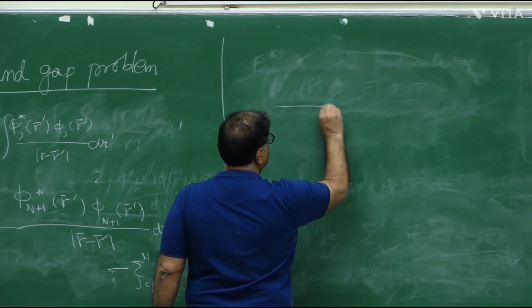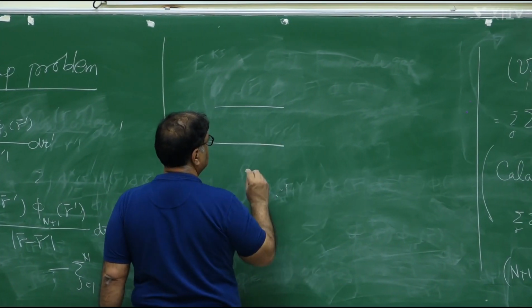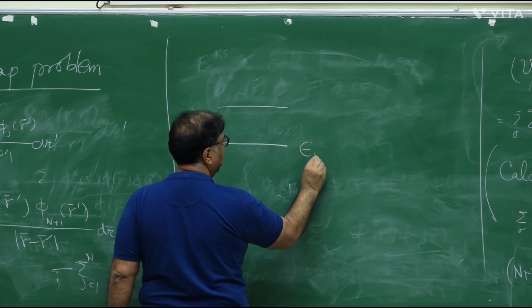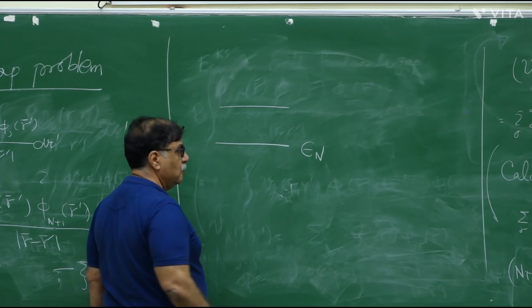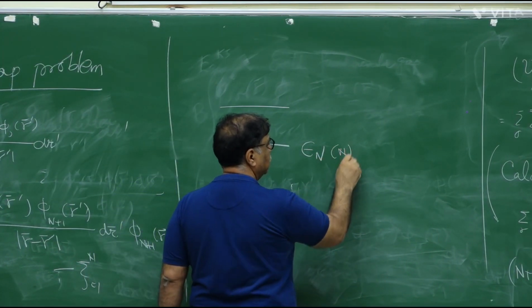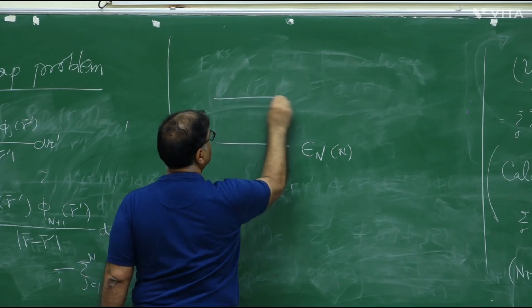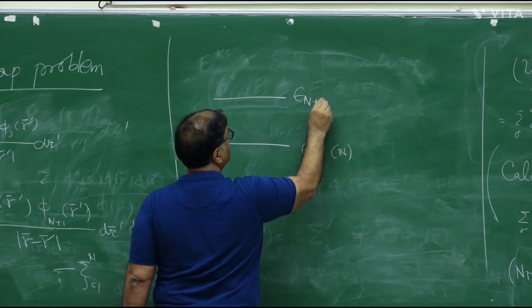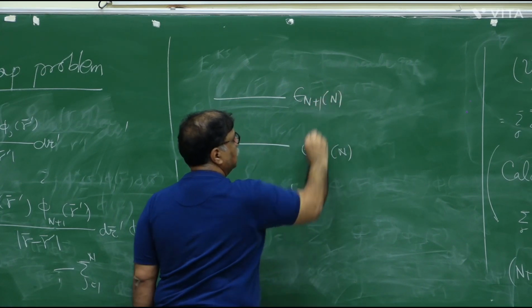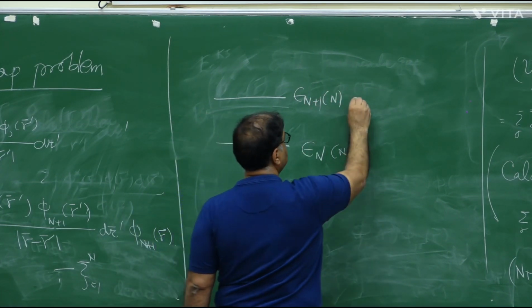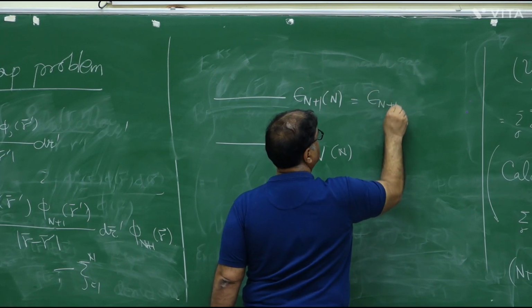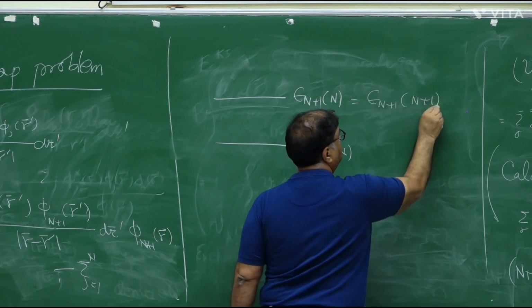Now, if this is epsilon n for the nth particle, epsilon n plus 1 for the nth particle is the same as epsilon n plus 1 for the n plus 1 particle.